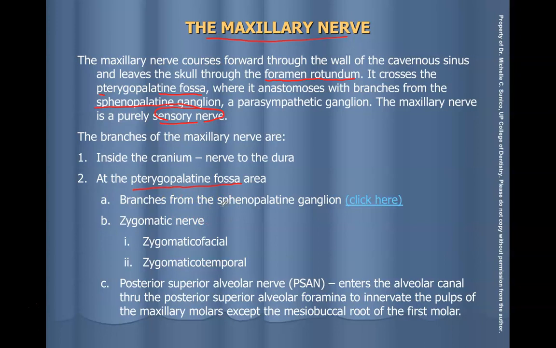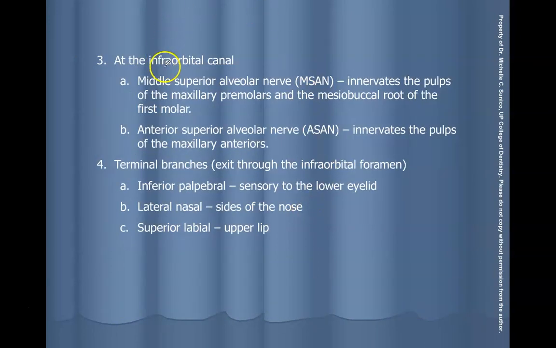Take note that the branches from the sphenopalatine ganglion are not branches from the main trunk of the maxillary nerve. Thirdly, the branches found at the infraorbital canal, and lastly, the terminal branches, as they exit through the infraorbital foramen.